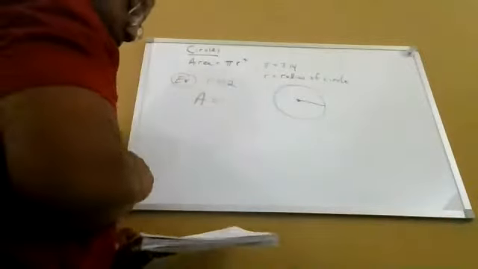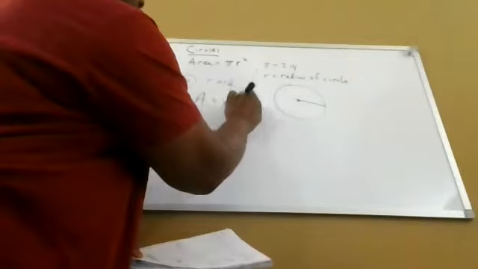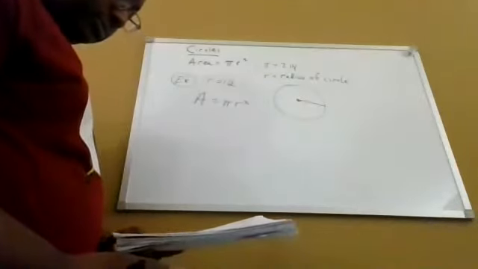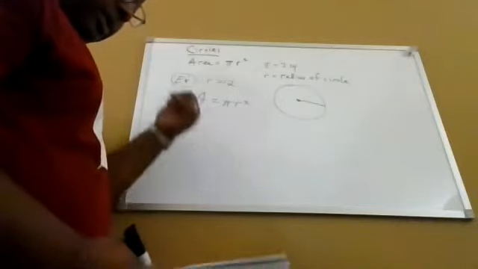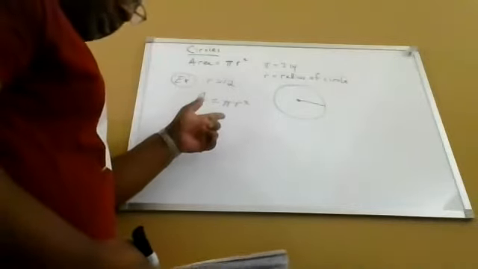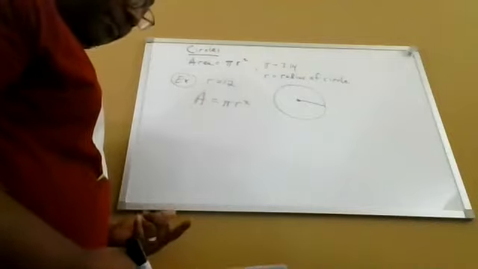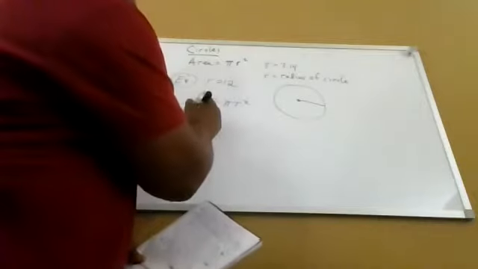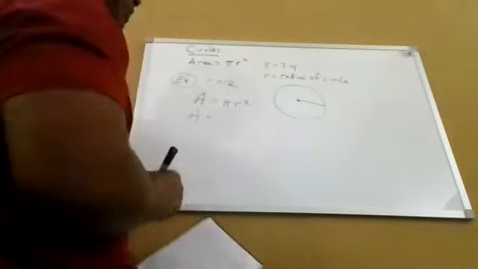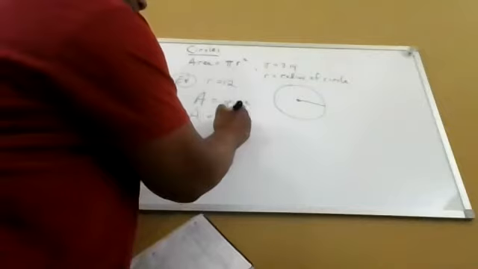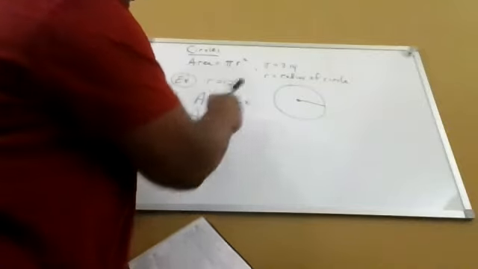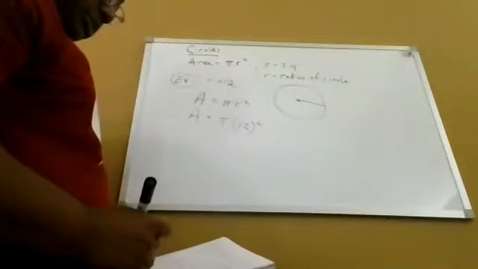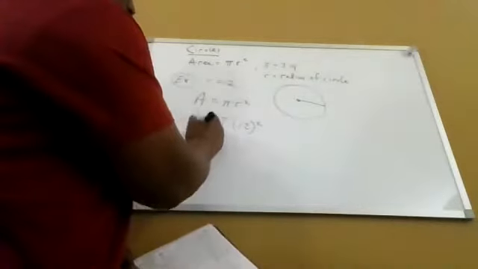A equals pi r squared. For this particular problem, they begin by first just giving us what r equals. We have A equals pi, r equals 12, so it's going to be 12 squared.